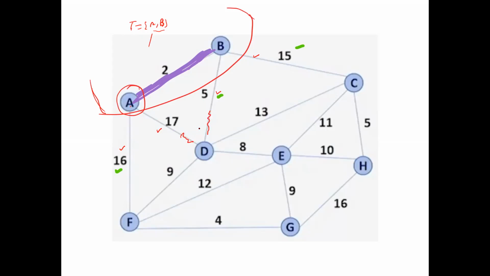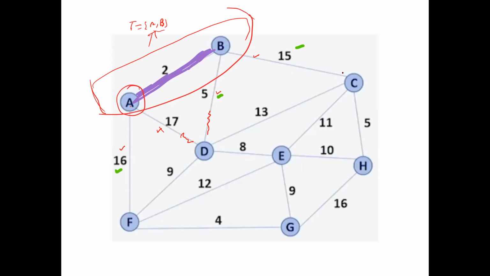The minimum cost edge connecting D to this partition containing two elements, so the edge you pick is 5, not 17. 17 won't be picked, 5 will be picked here.